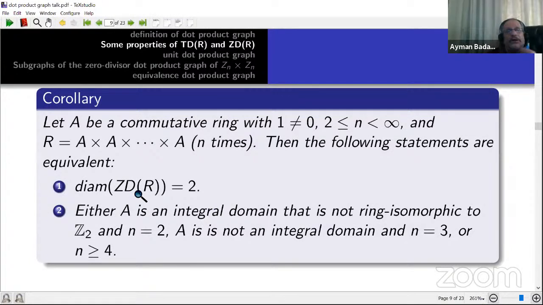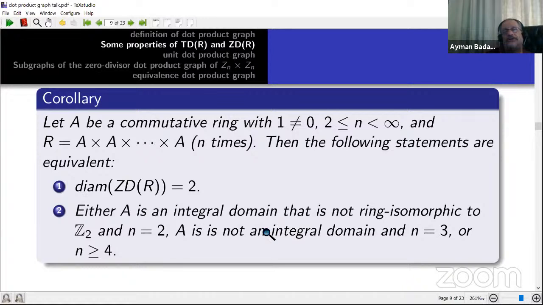The same thing here. We studied diameter 3, diameter 2, now diameter 3. When is the diameter of the zero dot product 2?